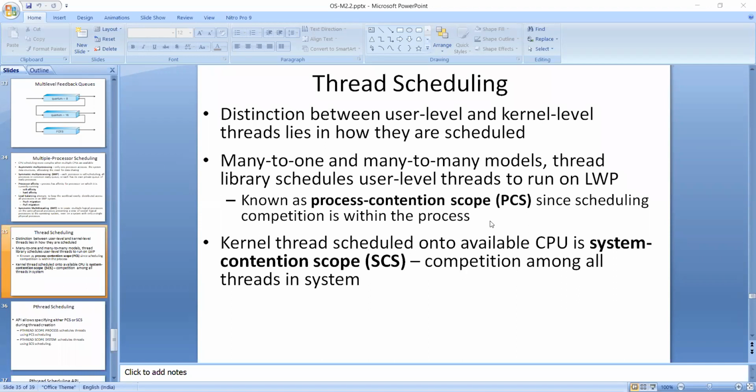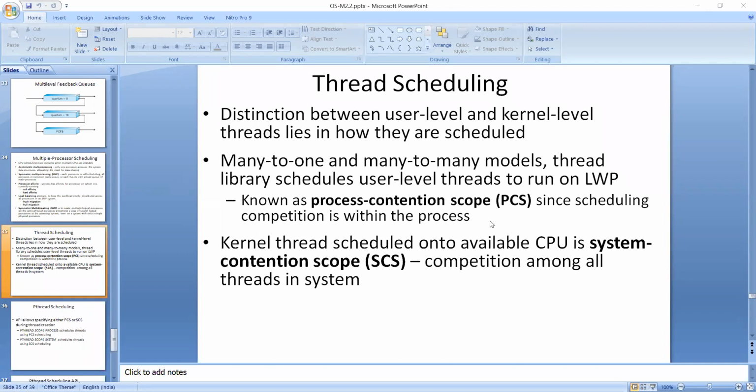In many to one and many to many models, the thread library schedules user level threads to run on an LWP. That is known as process contention scope, PCS.